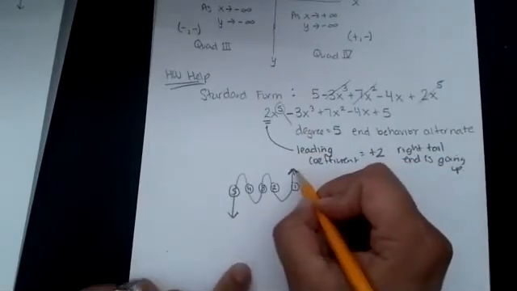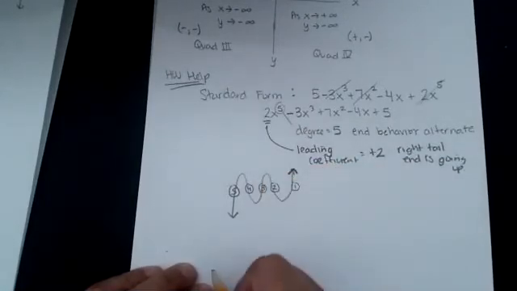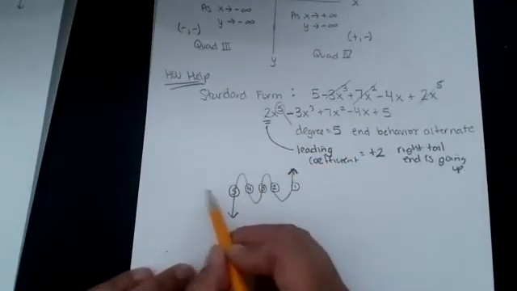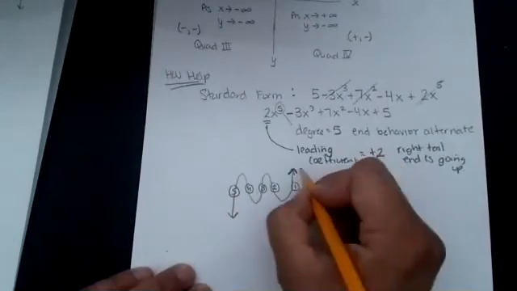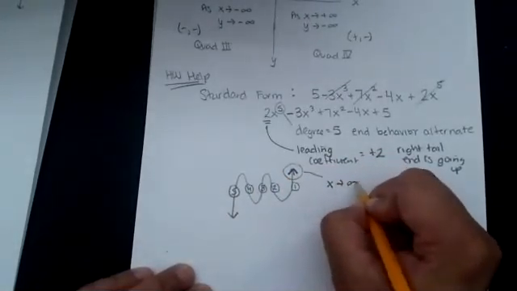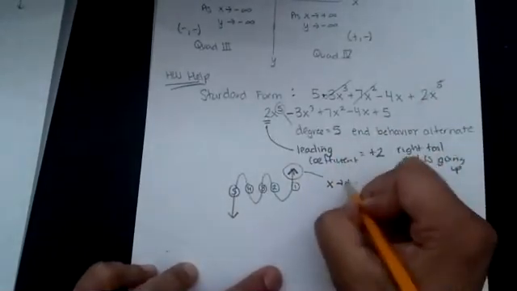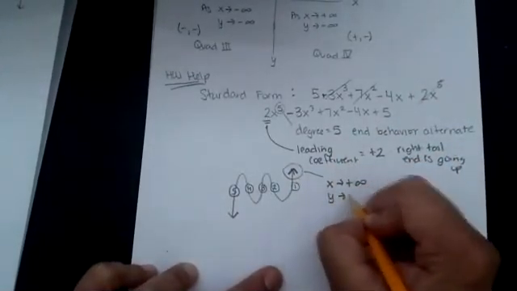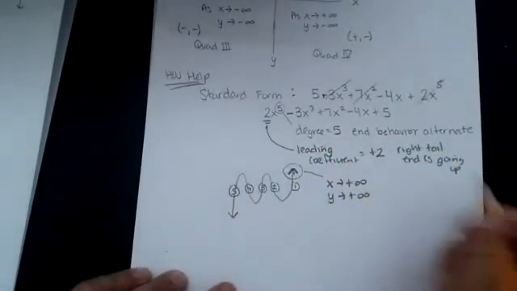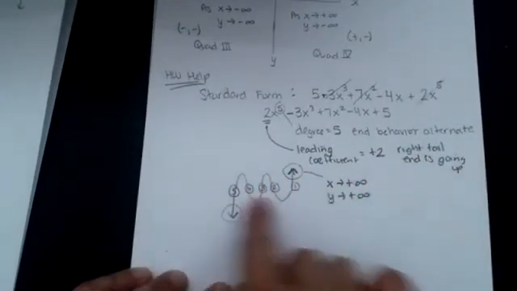So right here, what can I say? That as x is going to positive infinity, y is going up. And right here, as x is going to negative infinity, y is going to negative infinity. So I would say as x is going to positive infinity, y is also going to positive infinity. Right here, the y is going to negative infinity because you're going to the left.